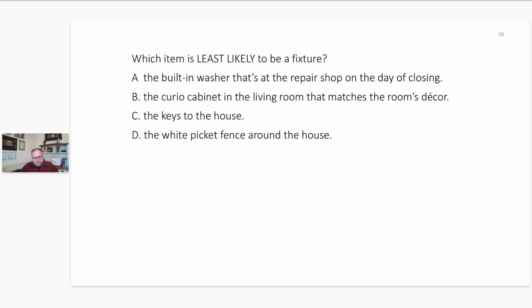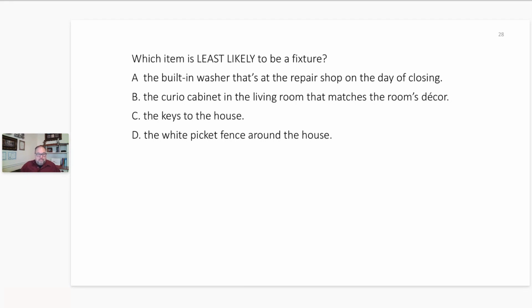The first answer I'm looking at is, and here's where they're going to trick you, a built-in washer. Many people will stop there and say, that's a fixture. They press on to a curio cabinet in the living room, then keys to the house, and then the white picket fence. But they won't read the full answer A: the built-in washer that's at the repair shop on the day of closing.